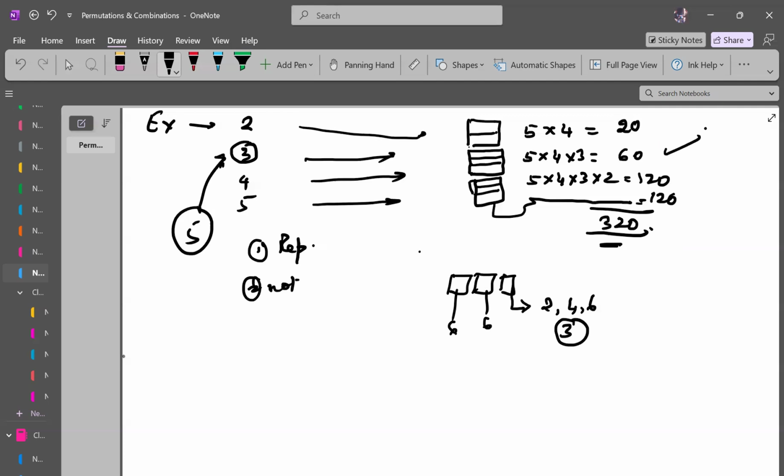Write down the statement: the number of permutations of n different objects taken r at a time, where r is a variable and n is a variable, where n is greater than or equal to r and r has to be greater than 0.